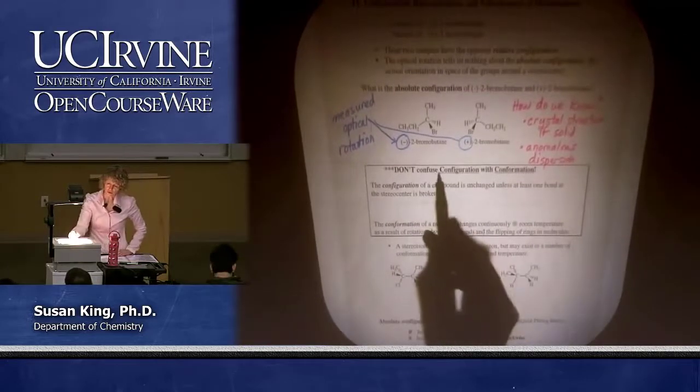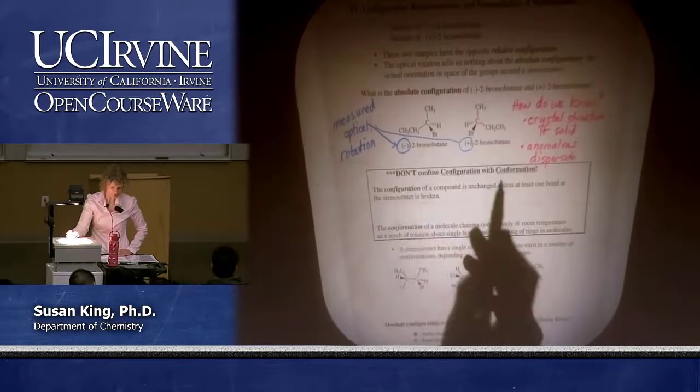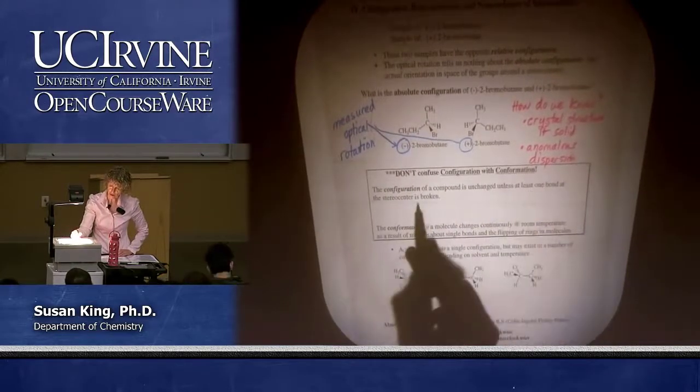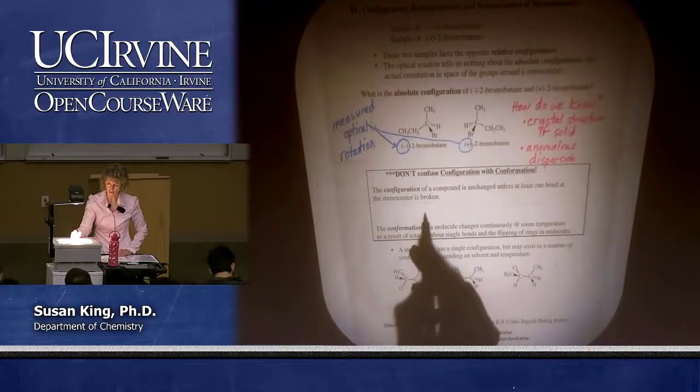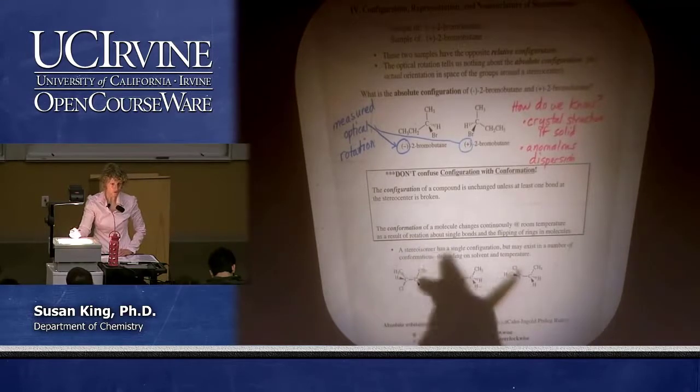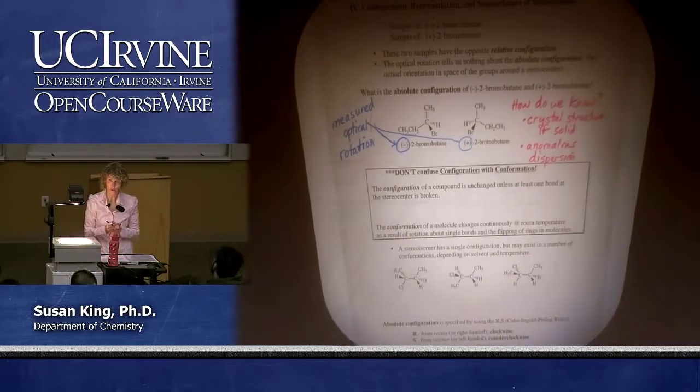A couple of things, they both start with C. Configuration and conformation are not the same thing. The configuration of a compound is unchanged unless at least one bond at the stereocenter is broken. If we want to change from one enantiomer to the other, we have to physically remove two bonds and switch them.